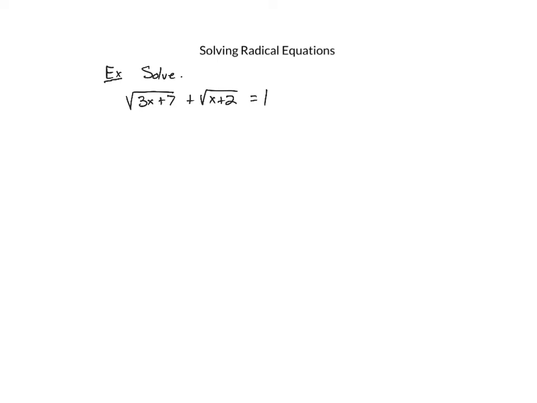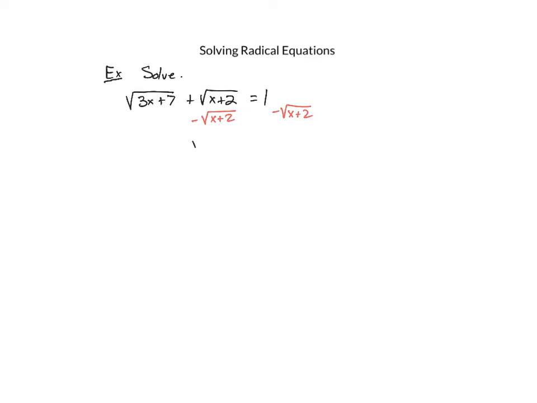As a personal preference, I usually isolate the one that looks more complex or complicated. So I'm going to isolate the square root of 3x plus 7 first. So that means I'm subtracting the square root of x plus 2 from both sides.